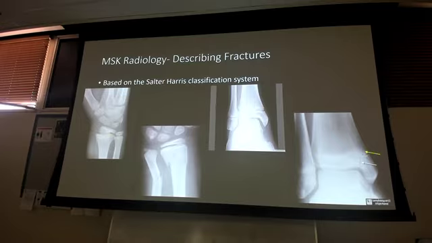And now we'll talk about it. So, let's start with type 1. Type 1 is that slippage. How do I know it's slipping? Well, I'll go back to the first picture in a second. Let me look at some of the other pictures. You see how the epiphysis and the metaphysis line up pretty well with one another in all of these photos?